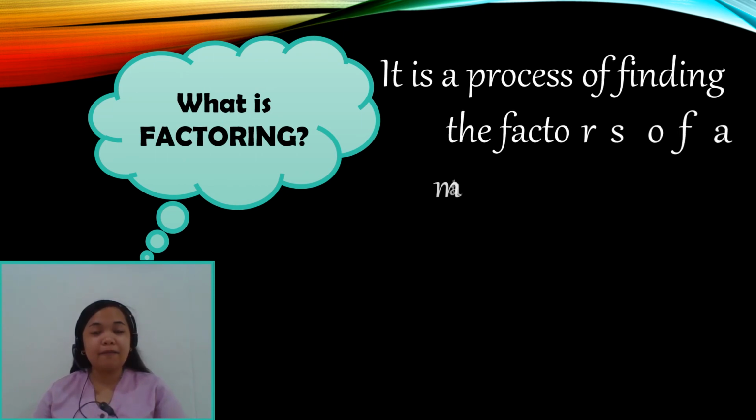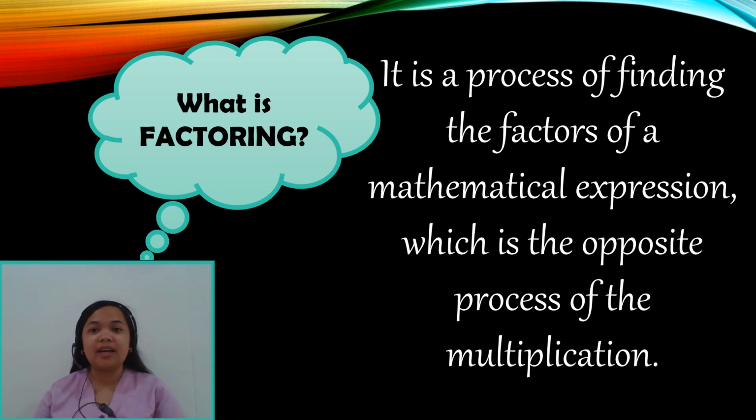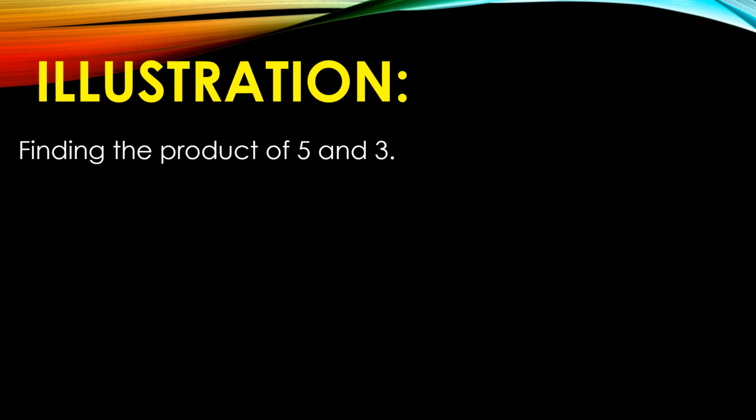But what is factoring? It is a process of finding the factors of a mathematical expression, which is the opposite process of multiplication. To better understand factoring, let us start with an illustration. First, finding the product of 5 and 3.